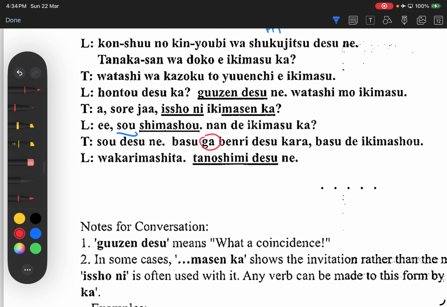So because the bus is convenient, バスで行きましょう. 行きましょう means let's go. So because the bus is convenient, let's go by bus.